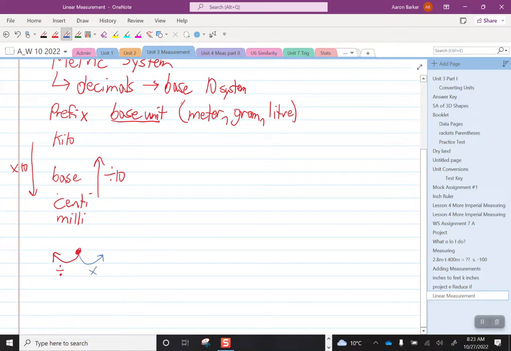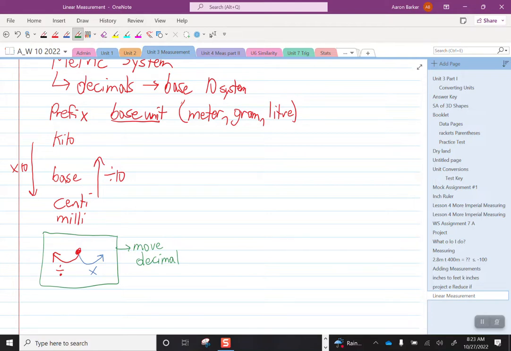So the whole thing when we're doing this is simply causing us to move our decimal. So when you're looking into numbers and comparing them, you should be able to see if they're accurate with the different units.